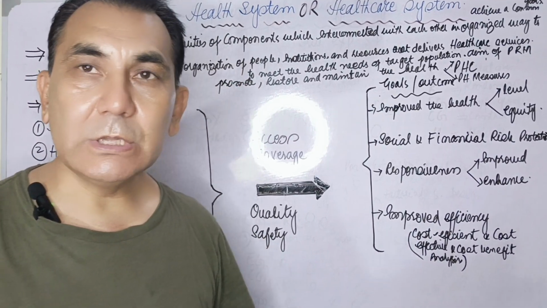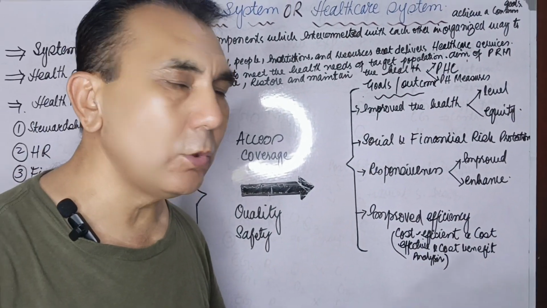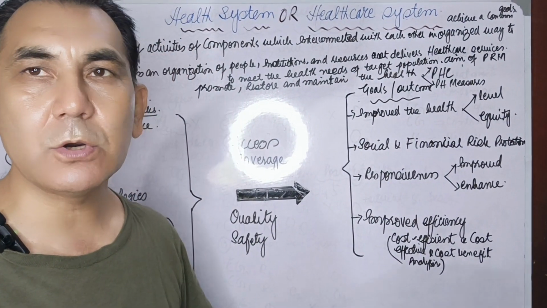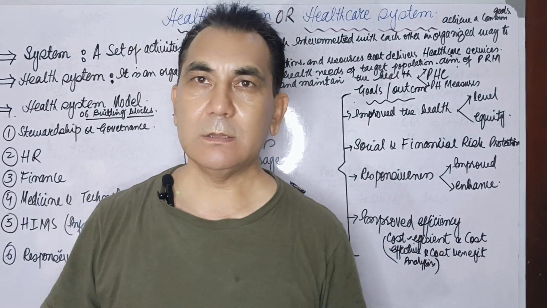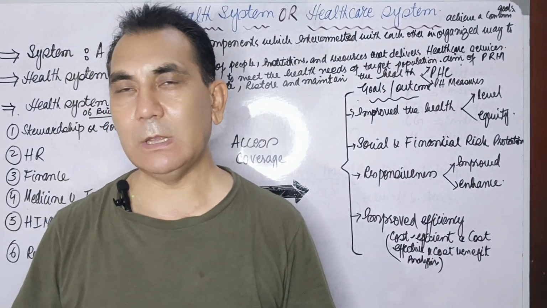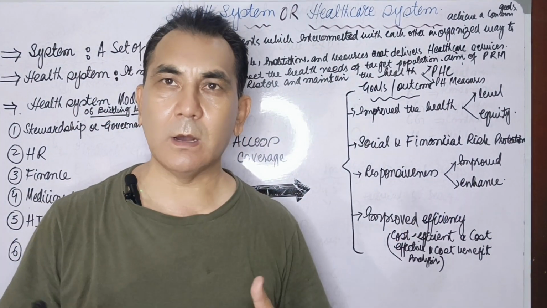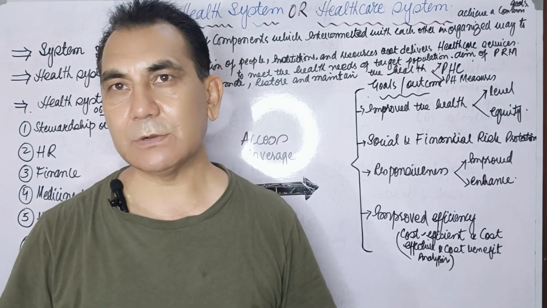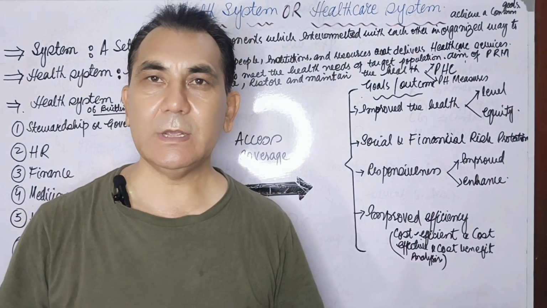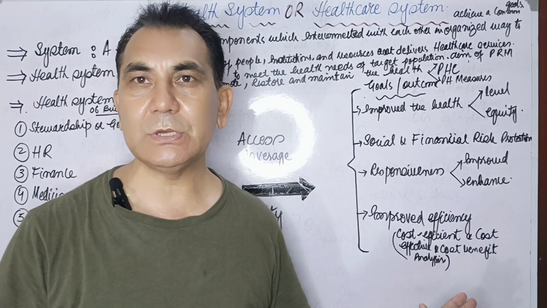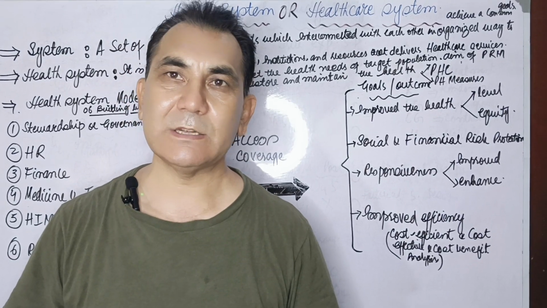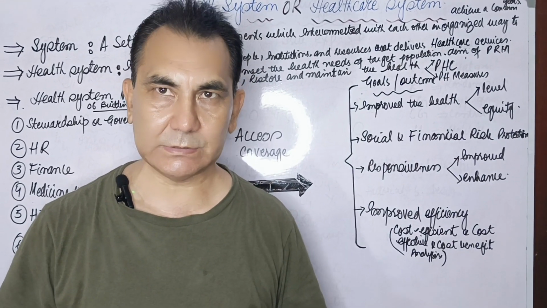The third main goal and outcome of the health system model is responsiveness, which should be improved and enhanced through our quality services. And the last one is to improve the efficiency of healthcare services.